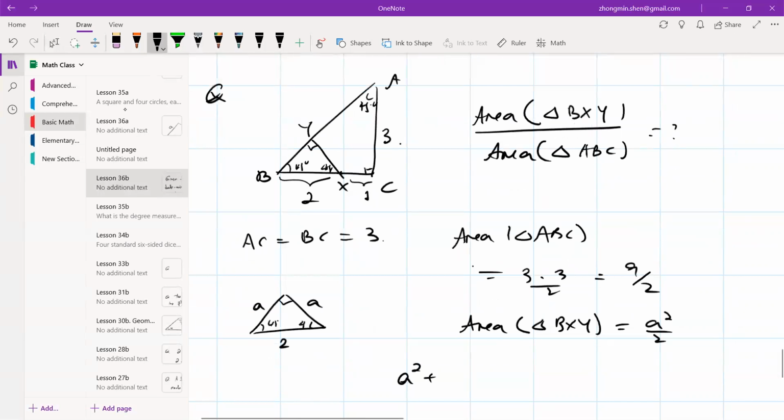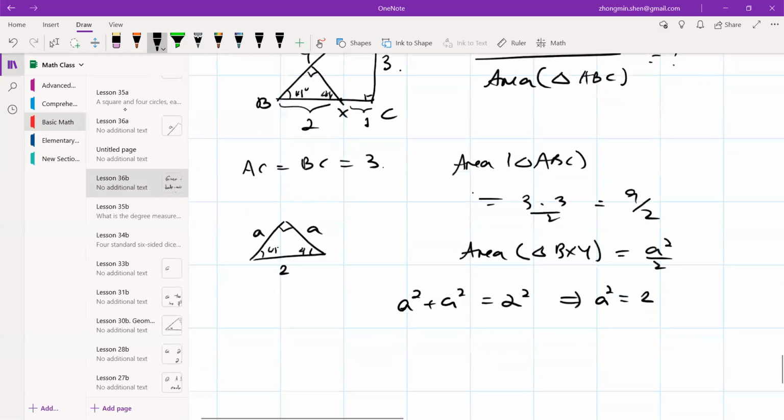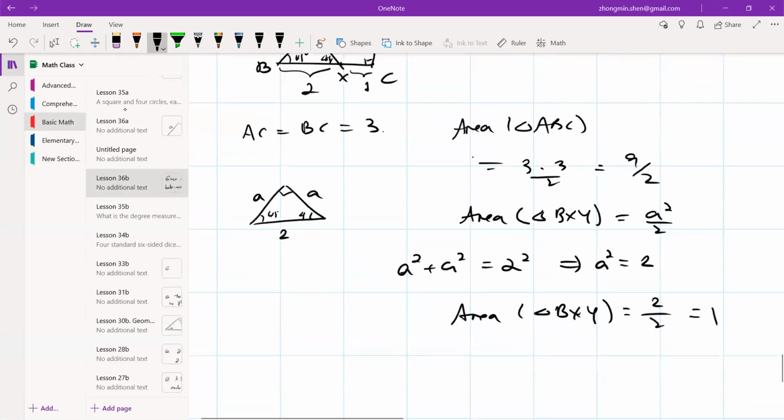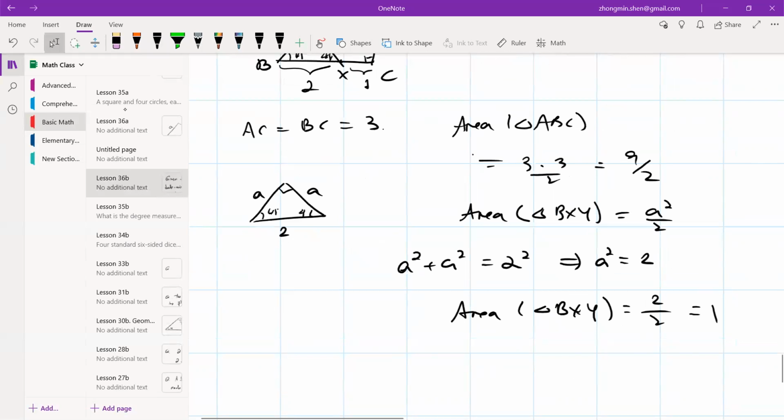A squared plus A squared equals 2 squared. So A squared equals 2. Now when you put that in, the area of the triangle BXY is just 2/2, which is 1. So the area of the small triangle is 1. Right? Then the ratio is 1 over 9/2, which is 2/9. So Kevin did it right.